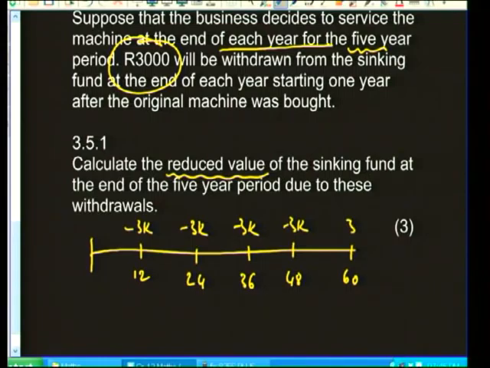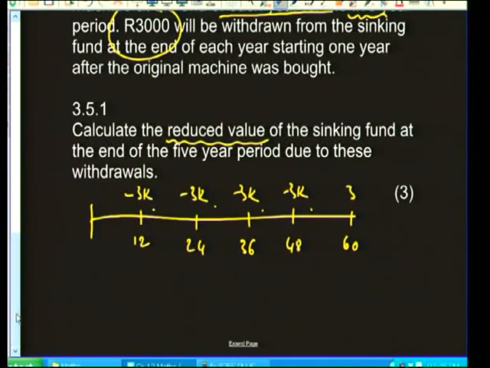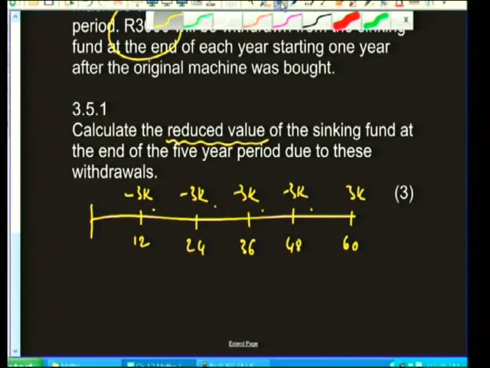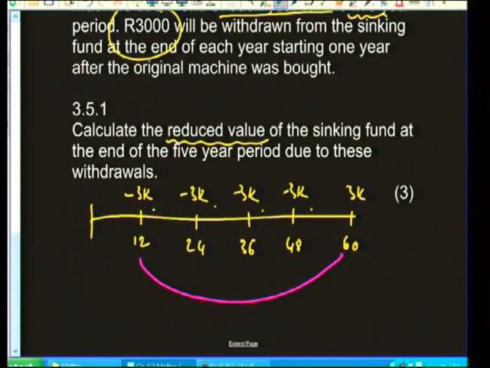So we're going to be taking out 1, 2, 3, 4, 5 bits of 3,000 Rand to service our machine. But hang on, this one over here is going to miss out on 48 months of interest. And this one over here is going to miss out on 36 months of interest. And similarly, they're going to miss out on bits of interest. However, that one over there is not going to miss out on any interest.